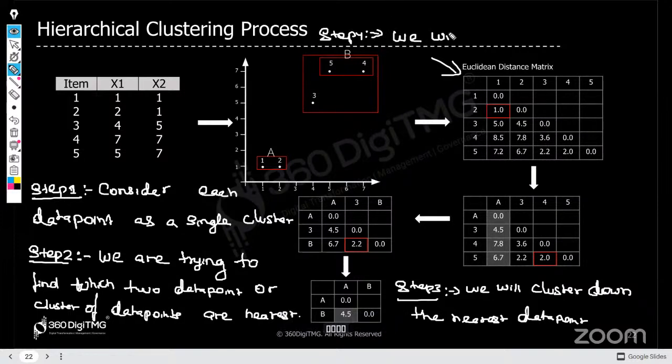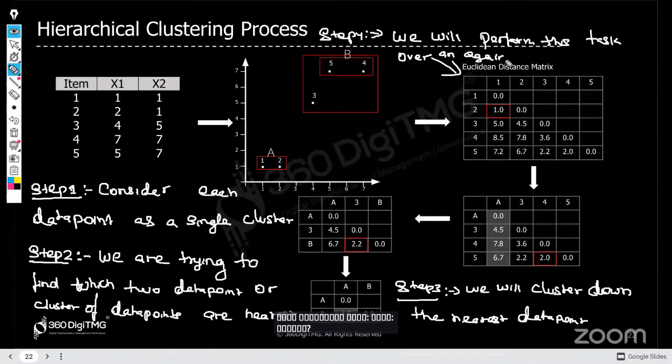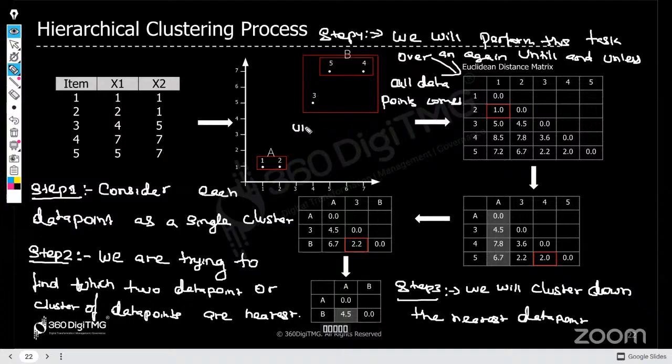We will perform this task over and again until all data points come under a single cluster.